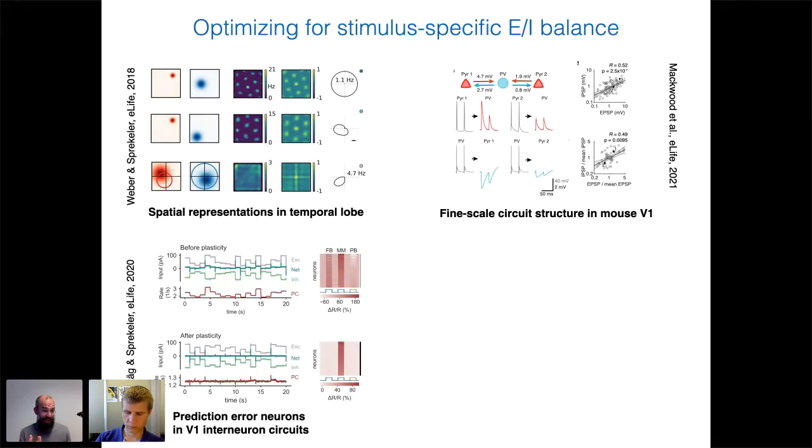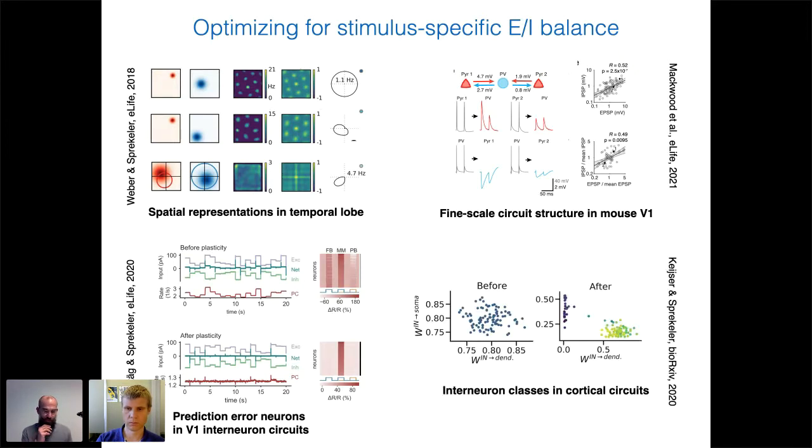You can use that balancing of excitation and inhibition to generate prediction error neurons, and that's something other people have also worked on, like Juliana Georgieva, who has just had a paper, I think in eLife, that again went in that direction of using inhibitory plasticity to learn prediction error coding. And finally, and that's the story I'm going to talk about here, is something more about generating interneuron classes in cortical circuits, basically by balancing excitation and inhibition.